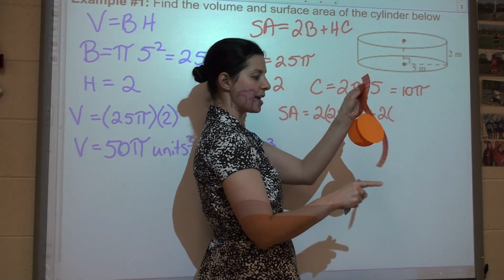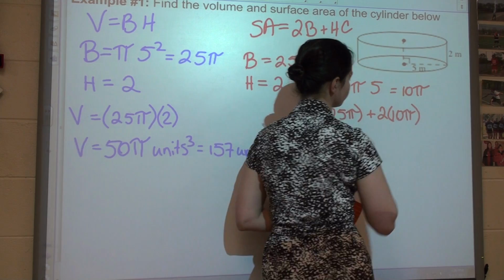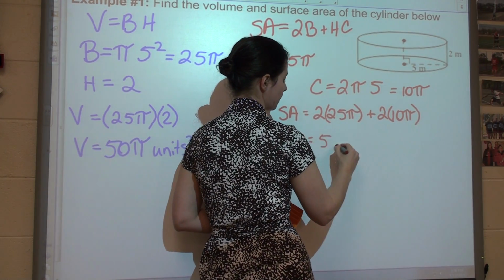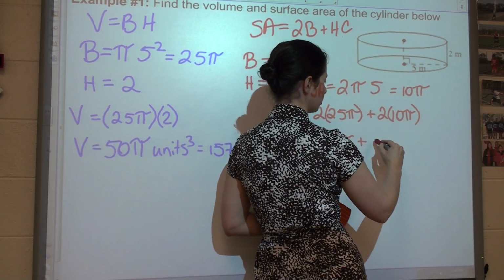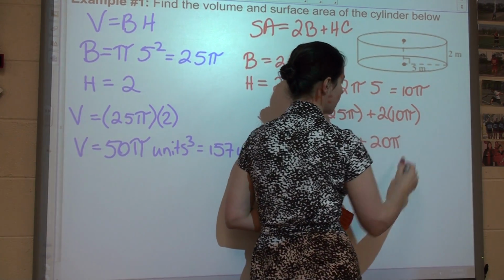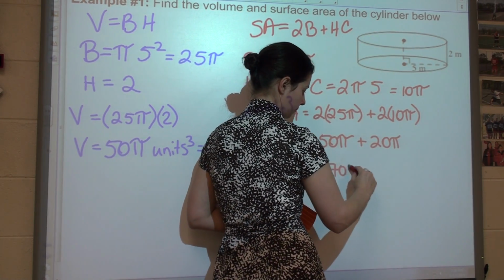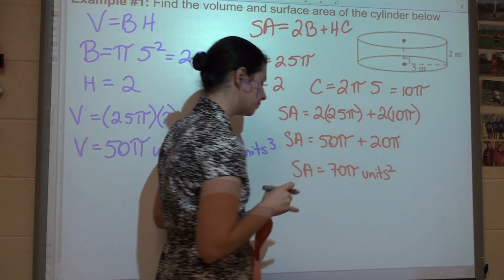And we've got an edge, which is the circumference of the circle, which is going to give me 10 pi. 2 times 25 will give me 50 pi. 2 times 10 will give me 20 pi. And when I add those, I get 70 pi. And of course, it's going to be units squared.